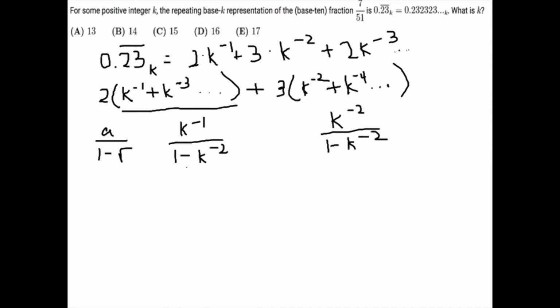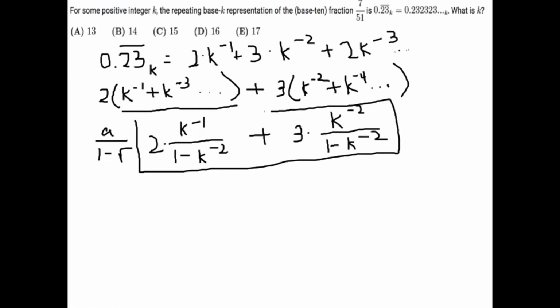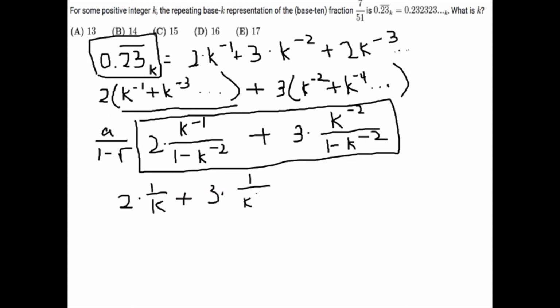So here, how do we simplify this? Well, we have 2 times this and 3 times this, so let's include that. And so we basically have this equaling to this, right? And how we're going to solve this is we're going to say 2 times 1 over k plus 3 times 1 over k squared over 1 minus 1 over k squared.